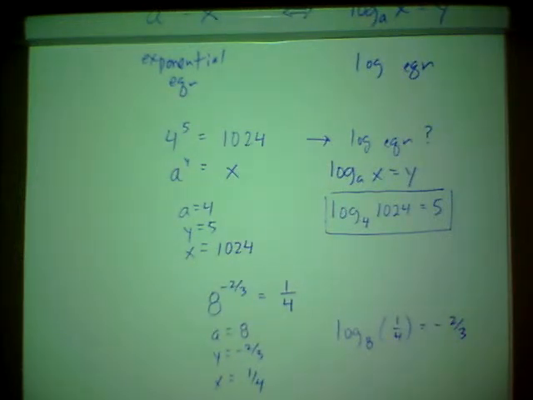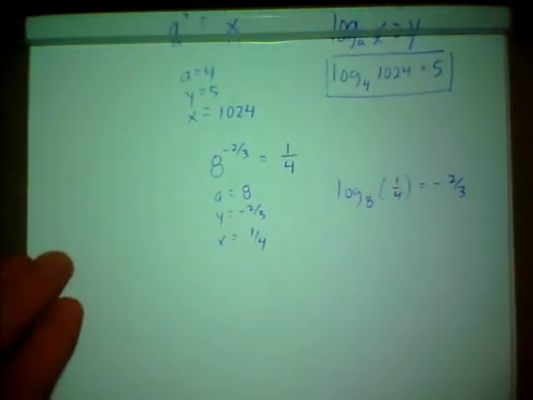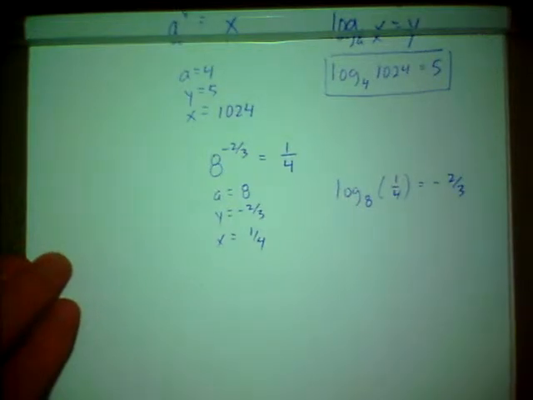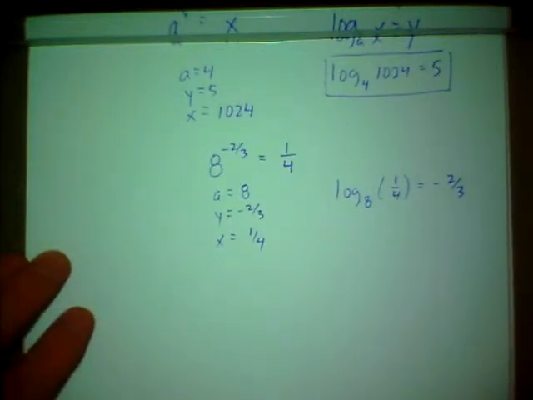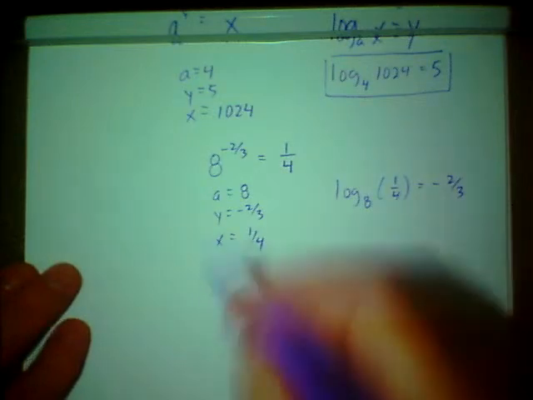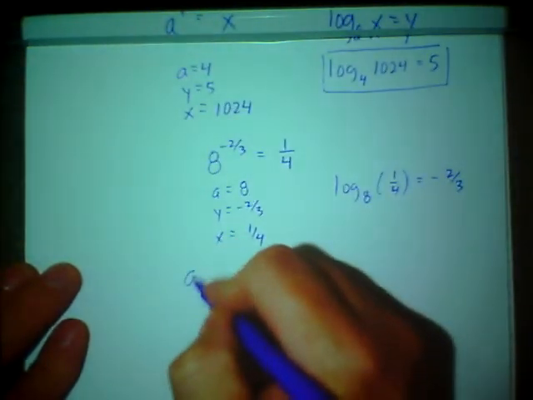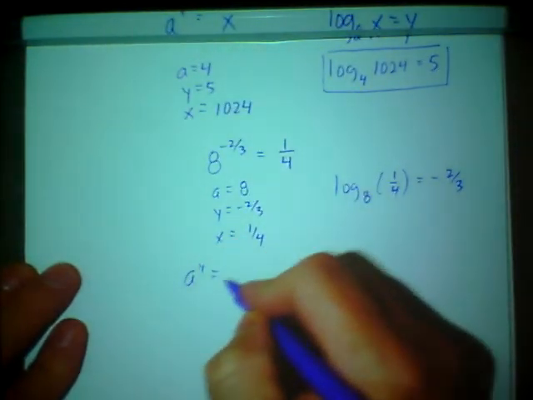Now let's flip it around. Let's start with a log equation and now convert it back to an exponential. And this is actually a lot more common, what you probably do more often. So, once again, let's write the two key equations, a to the y equals x.